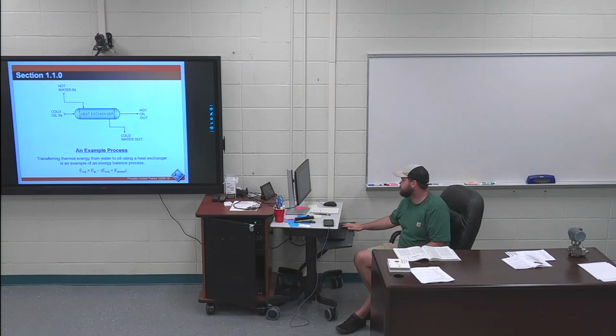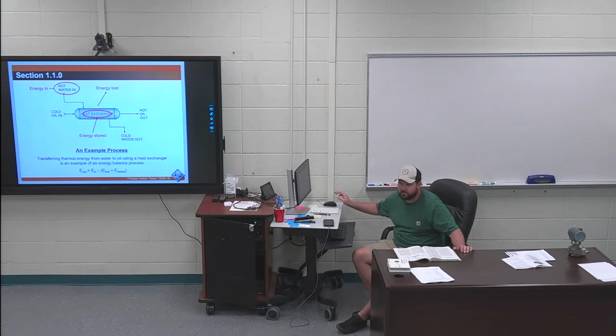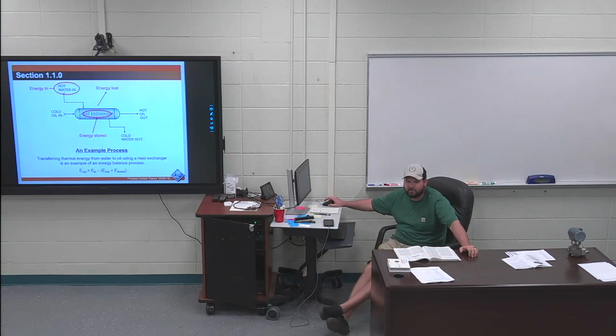Process control system 120. Everybody know how a heat exchanger works? I mean, you'll mess with them next semester on the big trainers, but essentially you put hot water inside of the heat exchanger. There's a bunch of tubes or coils. So hot water goes in, and usually the water is flowing on the outside of the tubes.